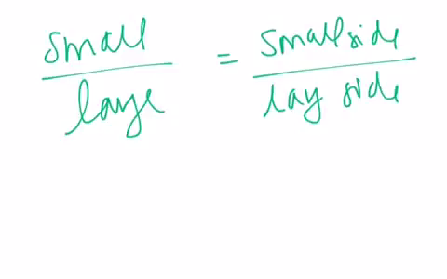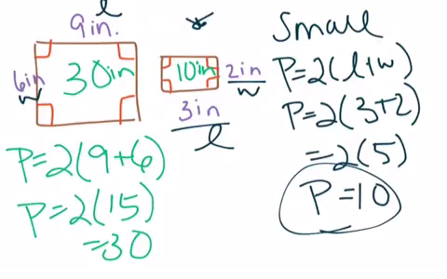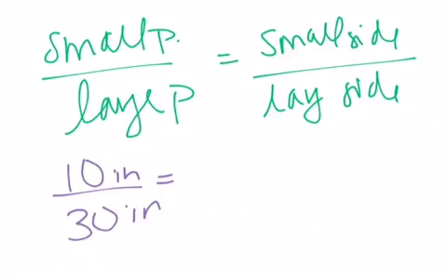Okay, so they're going to be corresponding across the top and across the bottom. So our small perimeter was 10 inches. Our large perimeter was 30 inches. Let's pick the width here for my side. So for my small width, it was 2 inches. For my large width, it was 6 inches.